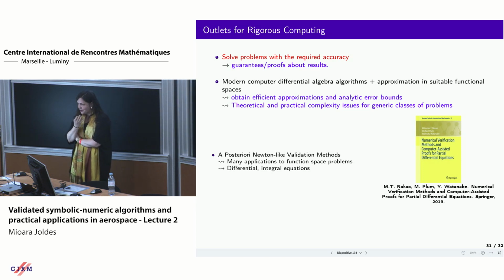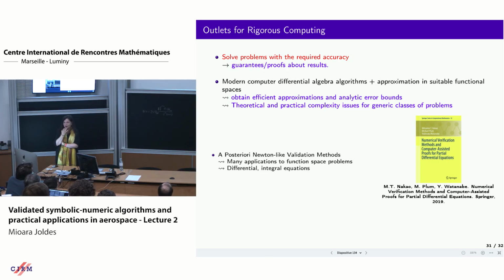We really want to solve problems with the desired accuracy, and numerical methods, most of them, do not provide that currently. So for this reason, we try to use various symbolic-numeric algorithms. I showed just a little fraction of them.